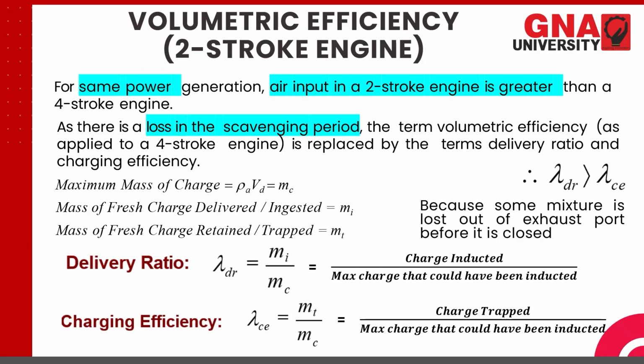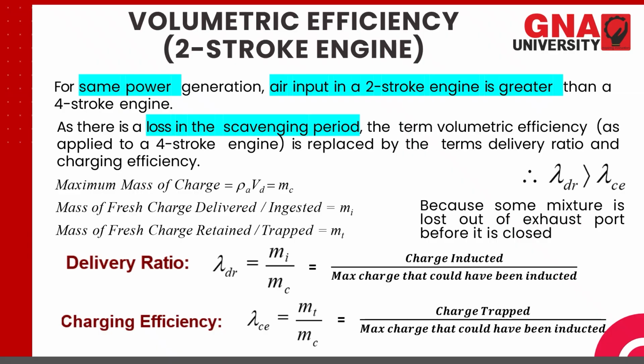Similarly, we define the other term, charging efficiency. Charging efficiency means charge which is trapped. Now what charge is trapped? Because when the scavenging takes place, some of the inlet charge also moves out from the exhaust valve along with the gases.